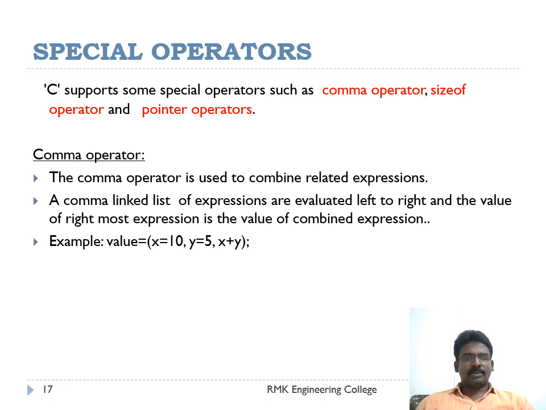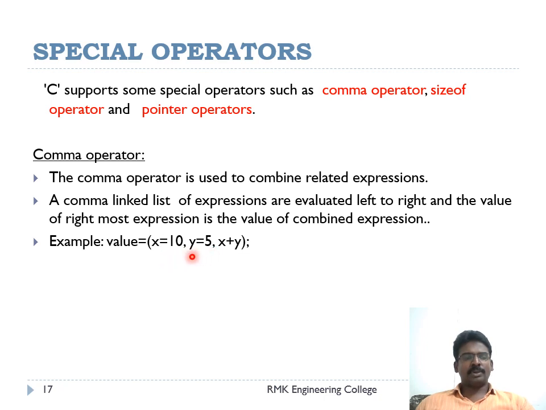So coming to the next operator, the special operators. Compared to the normal operators, we have some special operators in C and C++ programming. Here we are using the comma operator, sizeof operator, and pointer operators as special operators. The comma operator is used to separate the expressions that we use in the program. In this example, x equals 10 is the first expression and y equals 5 is the second expression.